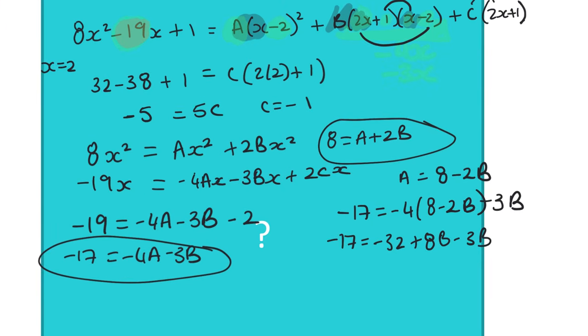What's minus 17 plus 32? My head's gone blank. 15 equals 5b. So b equals 3, okay? Therefore, 8 equals a plus 6, so a equals 2.